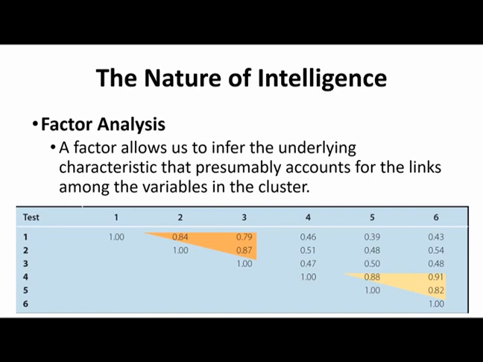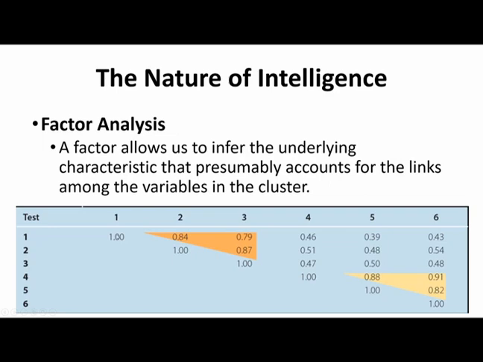So this is what it looks like if you only looked at 6 tests. And so the way that we can read this chart is we have our tests 1 through 6 across both axes. And so our correlation coefficient that's given along the diagonal here is 1.